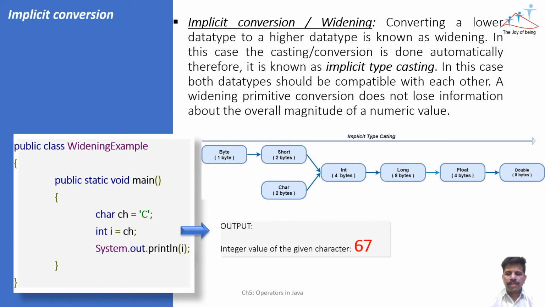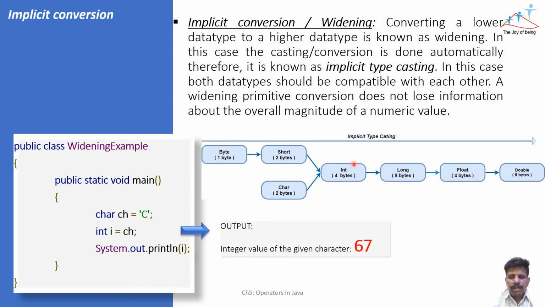So now we will see the details of implicit type conversion. Here the conversion is from a lower data type to a higher data type. You can see here byte will be directly converted into short, char into int, and short into int. If we assign a short value to an integer data type, the conversion from short to int will happen automatically by the compiler.